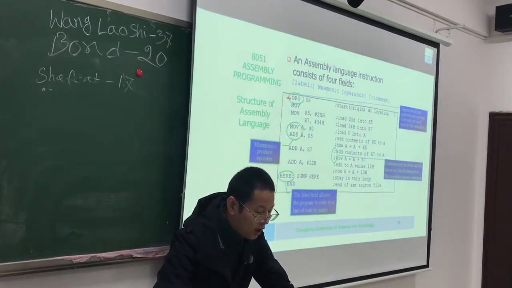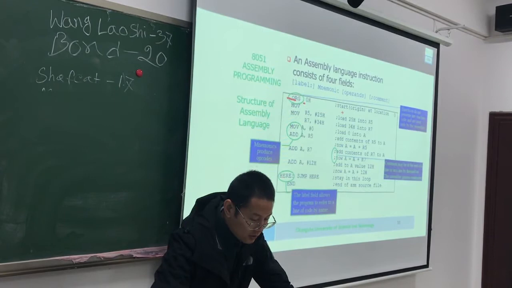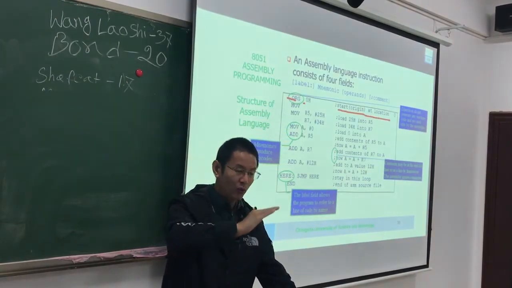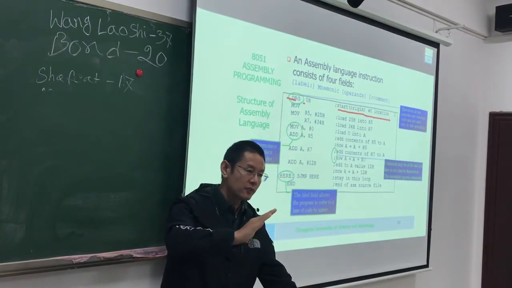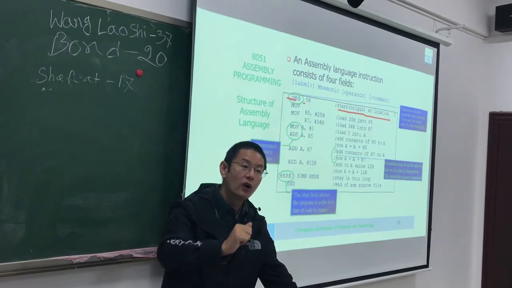First line, ORG 0H, which means start at location 0: when you put your program into the microcontroller, store your program from address 0.